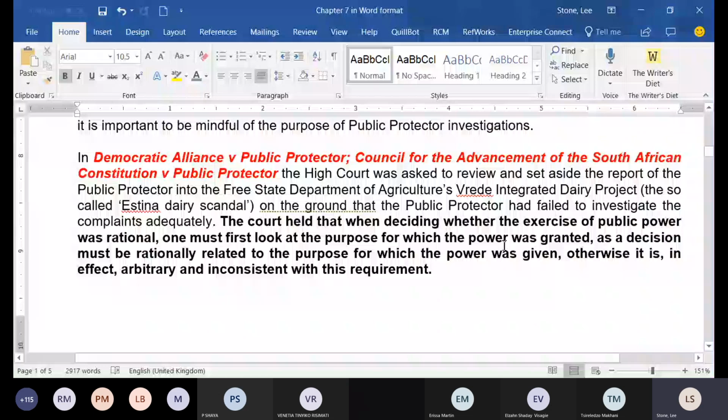And by now, therefore, you should know that the rationality test simply asks, what is the power conferred on the public protector? In other words, is she allowed to investigate corruption, abuse of power, any kind of prejudice caused to a person? Yes, she is.